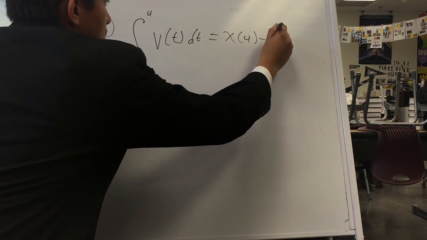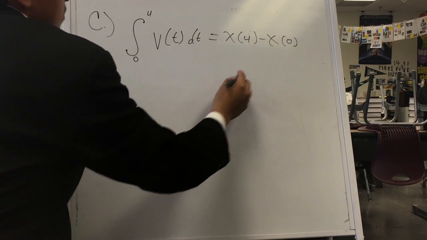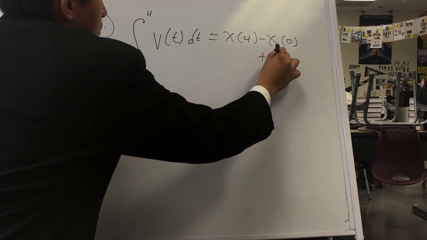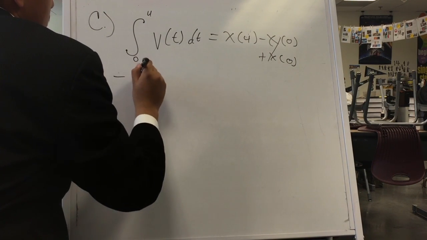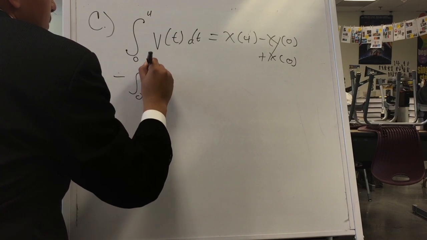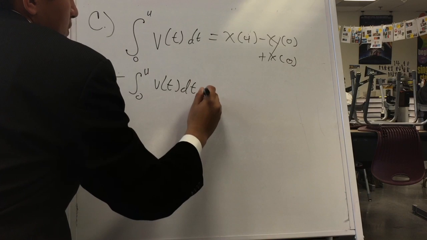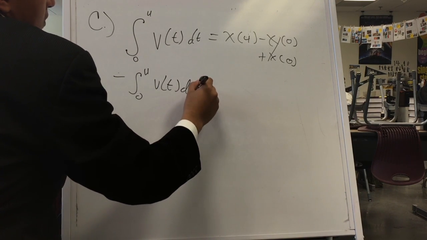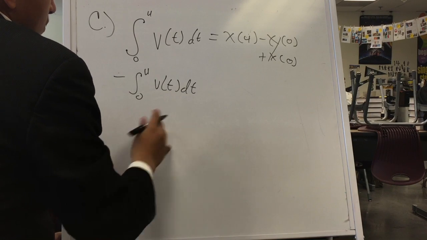Then you're supposed to make it equal to x of 4 minus x of 0, because we're trying to find the position of the particle at time t equals 0. So use your algebra skills, add x of 0 and subtract the interval from 0 to 4 of b of t dt, and we're gonna switch sides because we're trying to find x of 0.